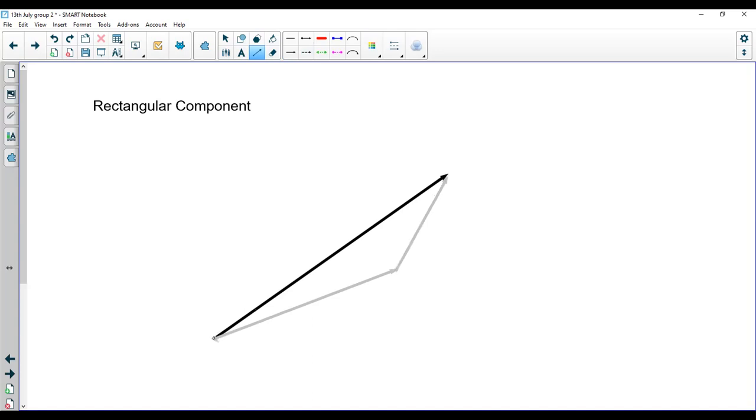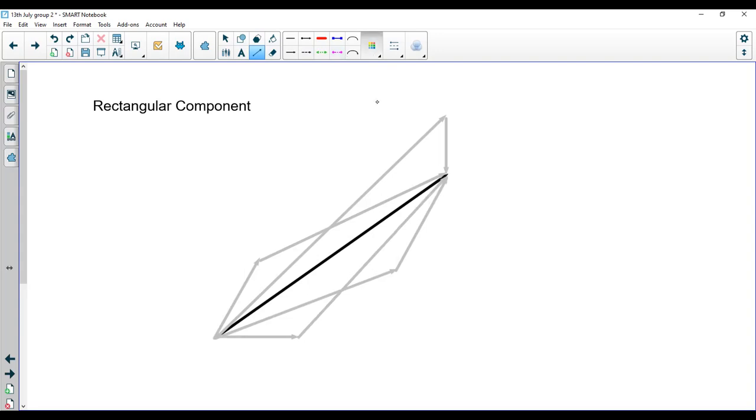If you add these two gray, you will still get the black resultant. So these are components. Even these two are components. Got it? And this is a component. So if there are any two vectors which you add together and they give you a resultant vector, those two parts are called components.